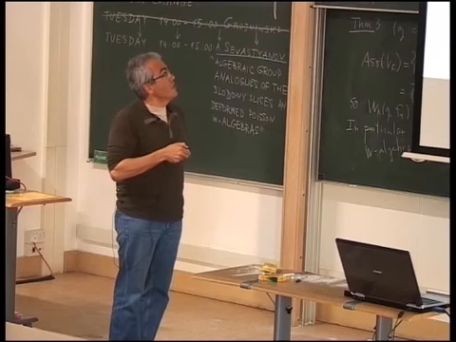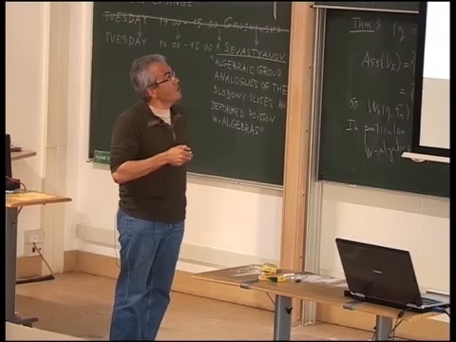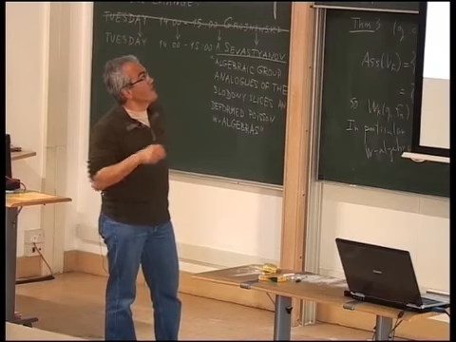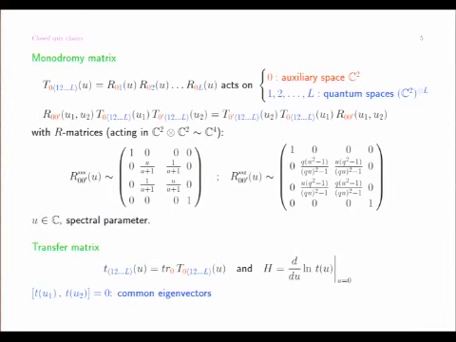So this monodromy matrix is a tensor product on the space, the blue space if you want, and a matrix product in the zero space, the red one. This monodromy matrix obeys the so-called RTT relation, with the same R matrix as the one there. And here you have the R matrices related to the XXX model or the XXZ model. And u is just a spectral parameter, a complex number.